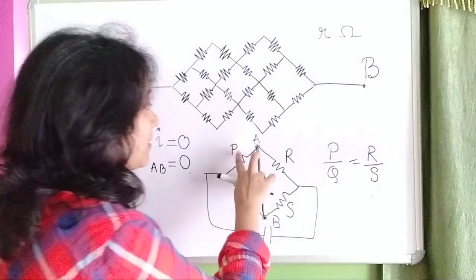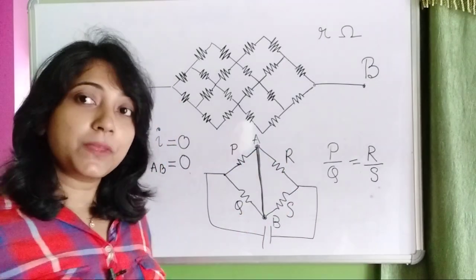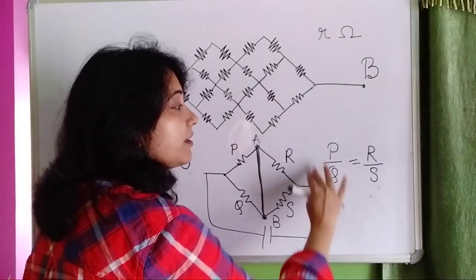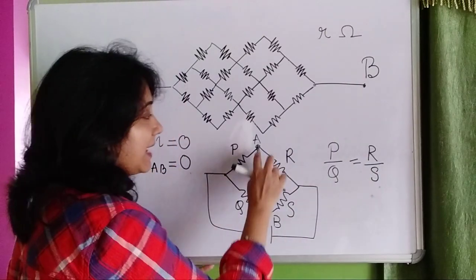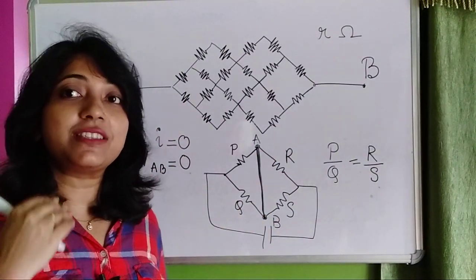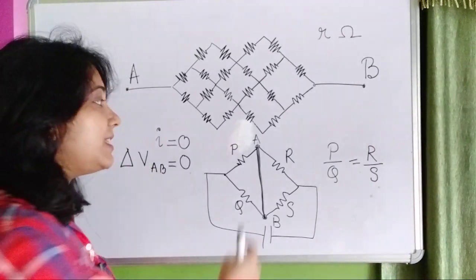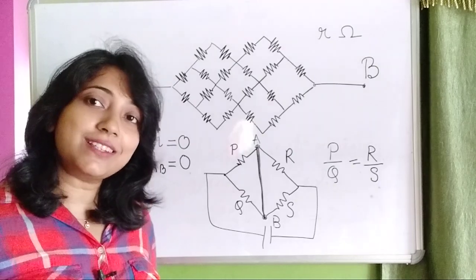When these resistors P, Q, R and S are all equal, or they follow the equation P by Q is equal to R by S, in between these 2 points there is no current flowing, which means there is no potential difference between these 2 points, and hence they are as good as being short-circuited.